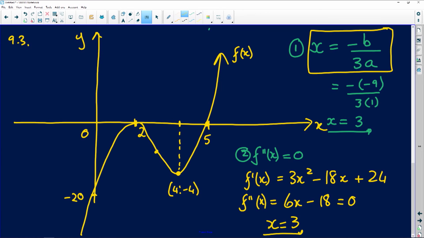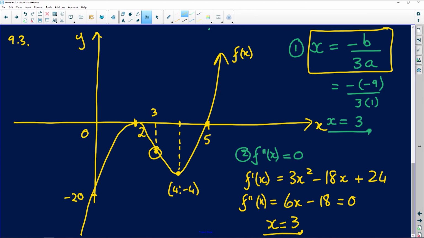Now they can ask you to interpret that answer if they feel like it, and they didn't in this particular question. One of the questions that's still coming, they did ask it. So let me deal with it now. If my point of inflection is here where x is 3, what happens when a graph passes through its point of inflection? Well, the graph goes from concave upwards to concave downwards.